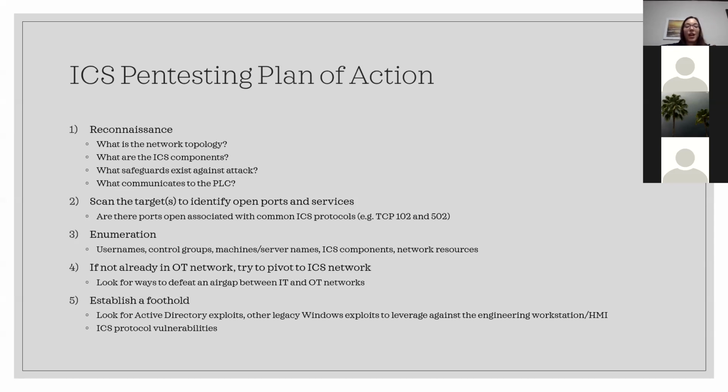So if you're not already in that OT network, you want to try and pivot to it. So if it's air-gapped, you're going to have to find a way to defeat that. So one way is to sneaker net. So that just means using some sort of physical data transfer, usually like a USB or like a CD, to get information transferred from the IT network to the OT network.